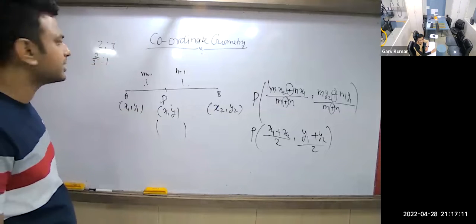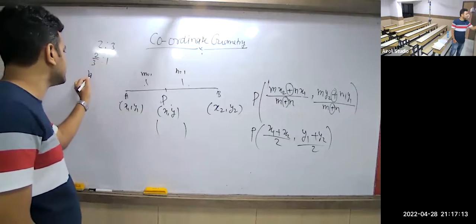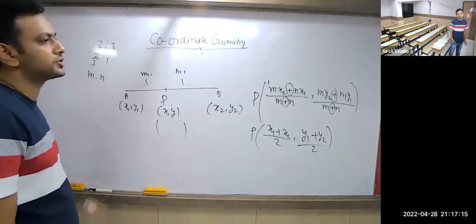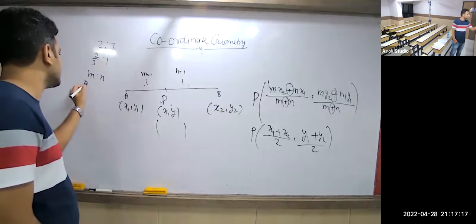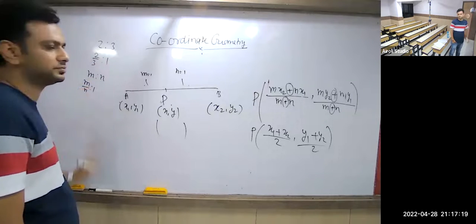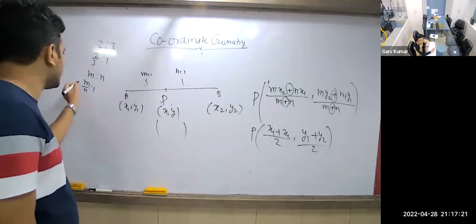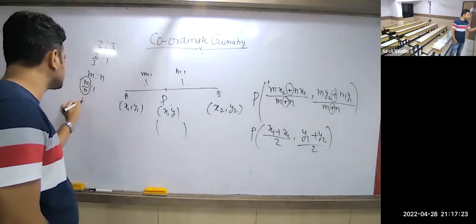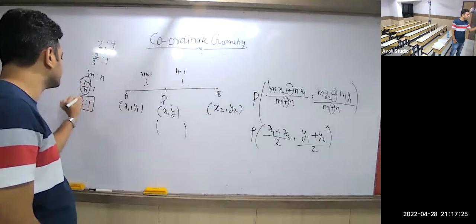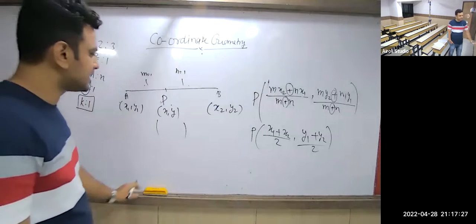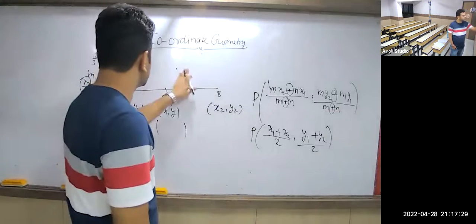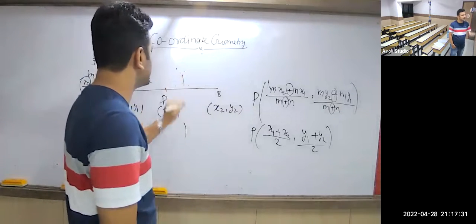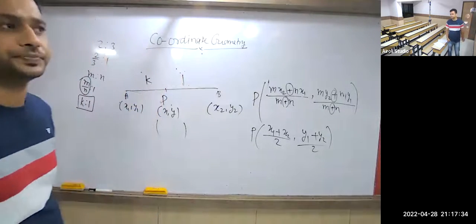Yes. In a similar way, if I'm saying m is to n ratio, can I write it as m by n is to 1 also? I'm taking this m by n as k, so k is to 1. So always assume the ratio is k is to 1. In that case, you have only one unknown.